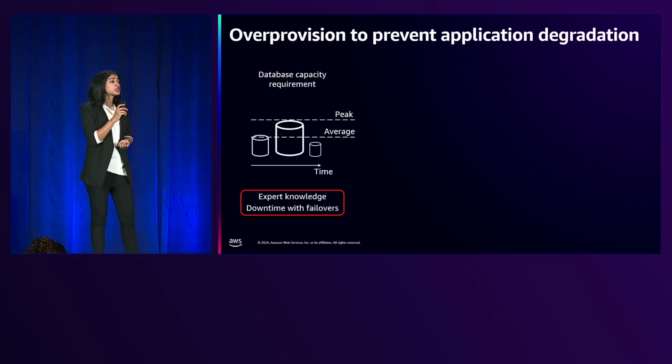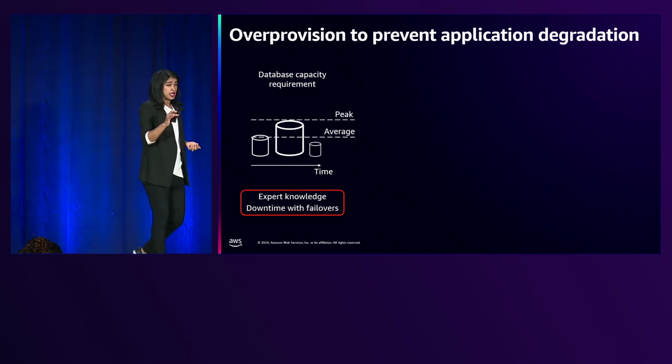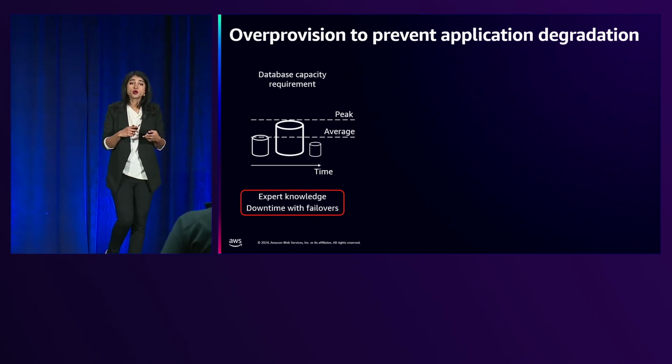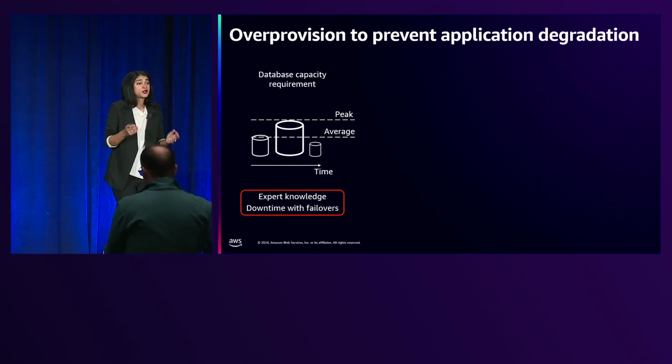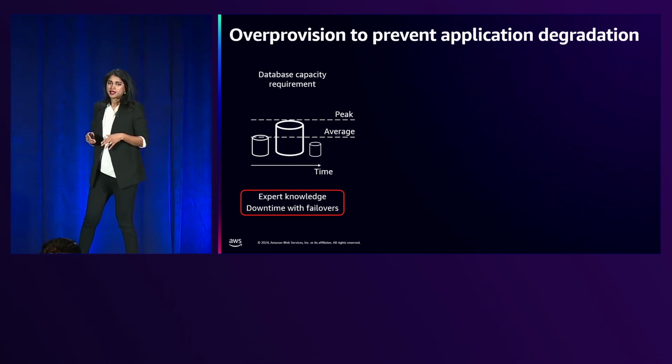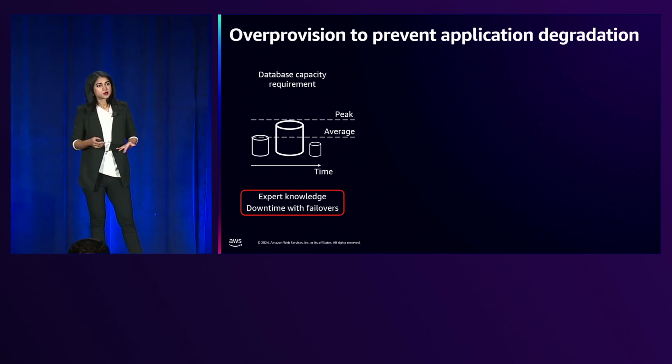Now, if you want to closely follow your workload, what that requires is expert knowledge. You need to know the database, you need to know your actual domain, and you have to have a complex monitoring system to keep following that. And then, of course, at the end of the day, you're still stuck with that downtime of switching the machines.